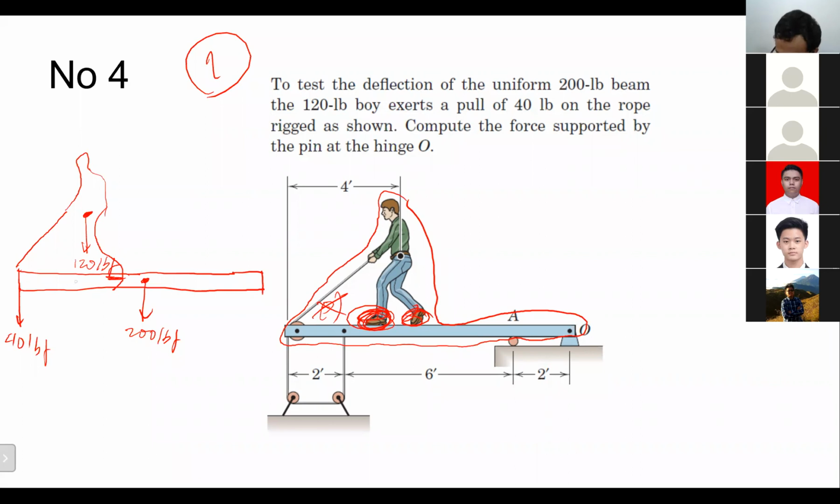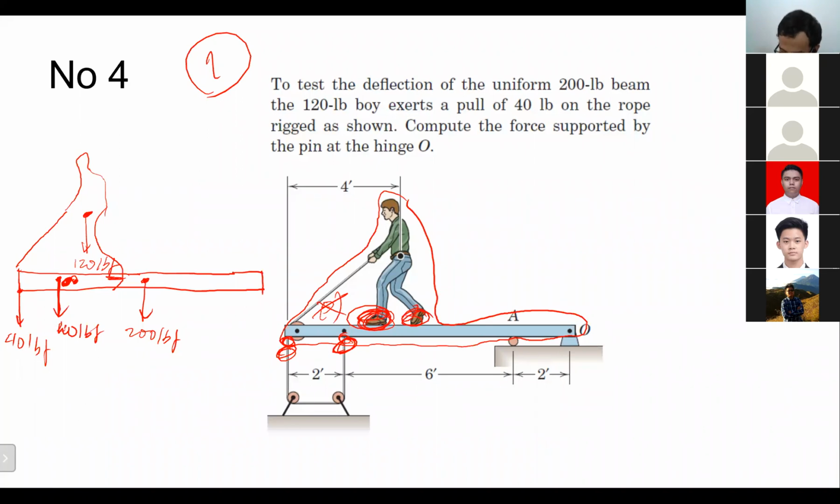Beside that, the other point here, there is not a pull there, right? Yeah, sorry, maybe slightly here. There is not a pull there. Yes, sir. 40 lbf. The first one comes from this rope, and the second one comes from this rope.